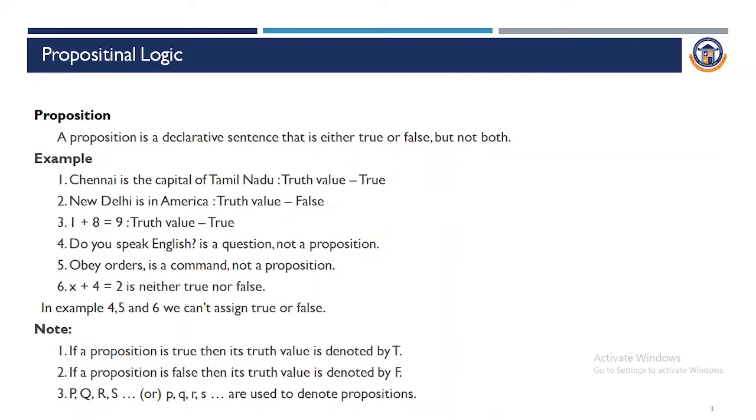If a proposition is true, then its truth value is denoted by T. If a proposition is false, then its truth value is denoted by F. Right? The propositions are denoted by uppercase or lowercase of alphabets.